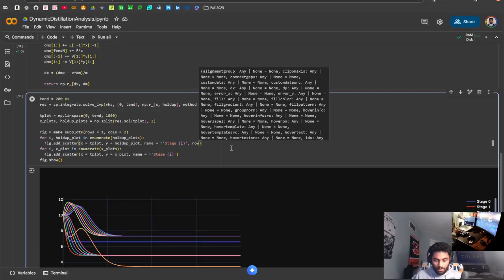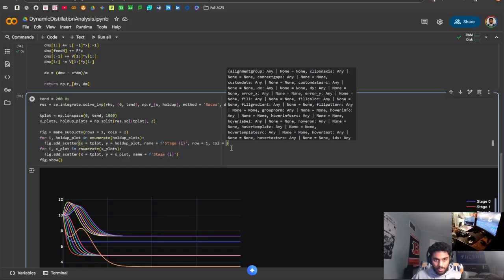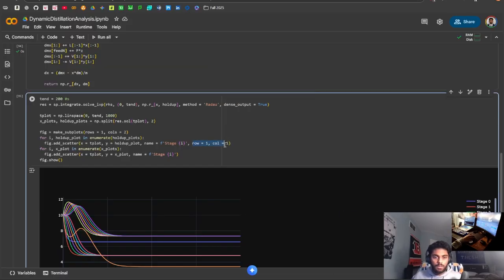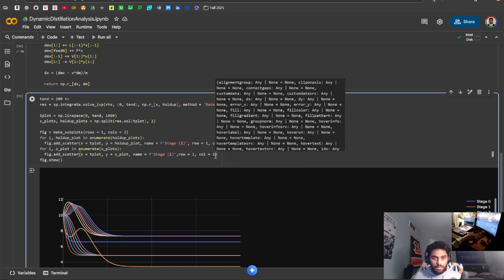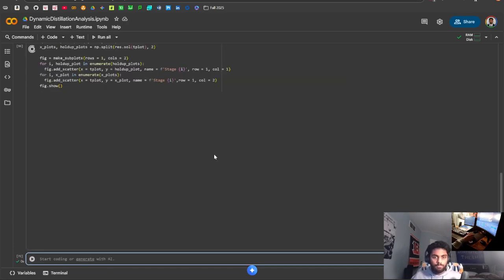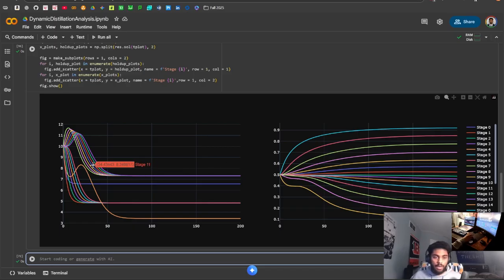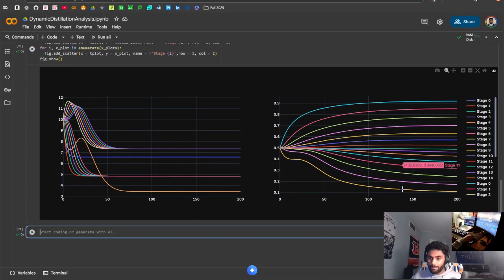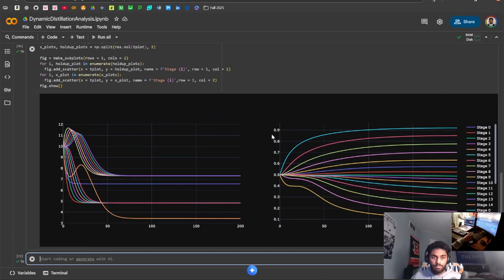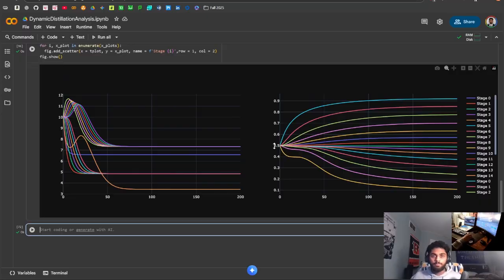So we're going to have row equals 1, col equals 1. And then this is going to be column 2. And there we go. Now we have these side by side. This is our moles of the more volatile component over here. This is our overall molar holdup for each stage. So we have these nice and pretty plots now side by side.